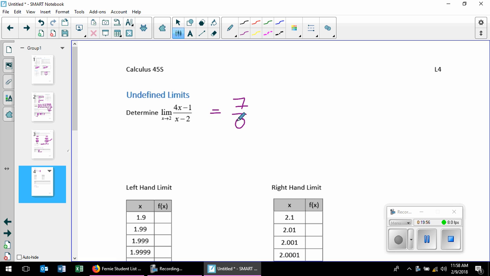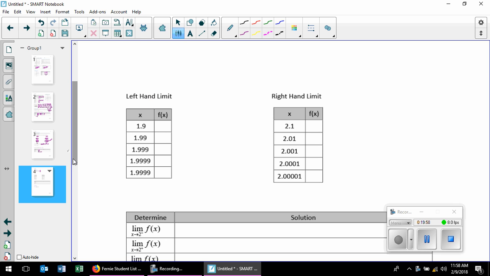All right, so this is the deal. You're going to go back to your table of values. I know you're all pumped to do this math, but I've got it happening in my calculator already. So I substituted in from the left-hand side, getting closer and closer to 2 from less than 2, as close as I can. So this is negative 66.